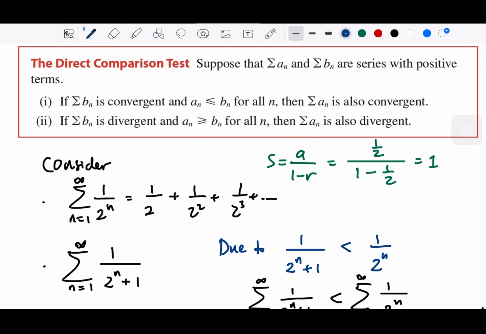If your b_n diverges, then we need to show the counterpart: a_n needs to be greater than b_n, so that we can conclude that a_n diverges. If something smaller than a_n diverges, then the sum will diverge as well. I hope that sounds logical.